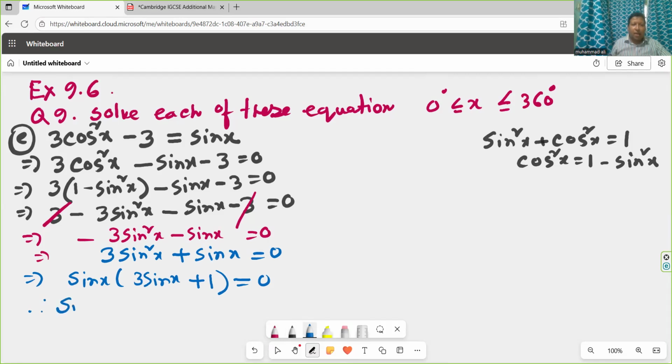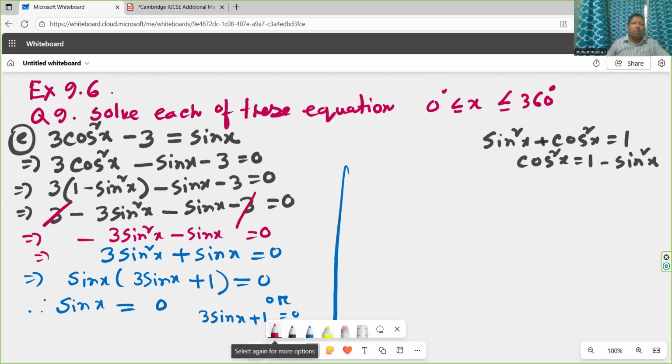Therefore, sine x equals 0, or 3 sine x plus 1 equals 0. To find sine x equals 0, we have to depend upon the sine graph.